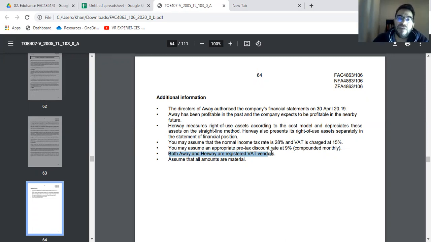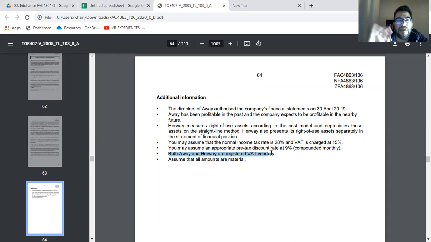If we are dealing with it from Away's point of view, then we first have to classify the lease either as a finance lease or as an operating lease. This will most likely be a finance lease because the asset that Away is leasing to Herway is of a specialized nature. It is specifically for Herway.